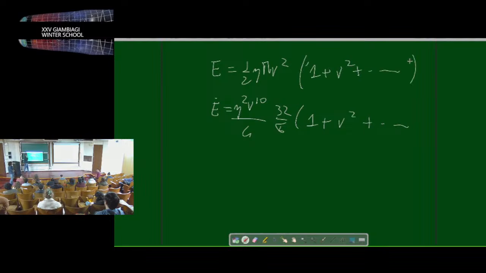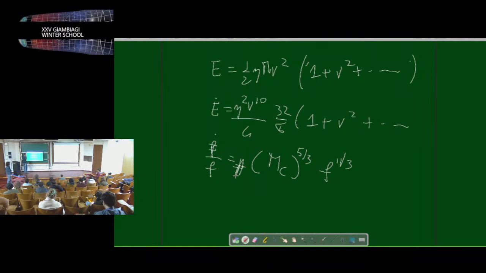Okay, so the combination of the two gives you the t dot or f dot over f that goes as m chirp f to the 11/3, m chirp to the 5/3, and some coefficient. Okay, so when you short circuit these two functions to compute the phase, you remember, no, the first time.